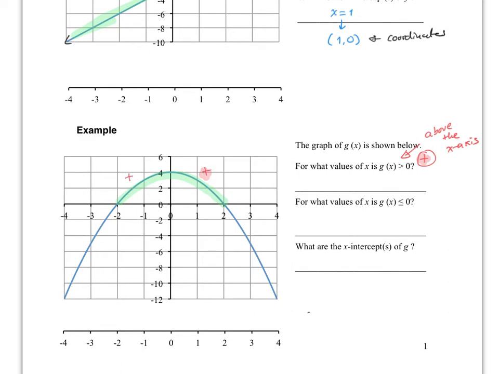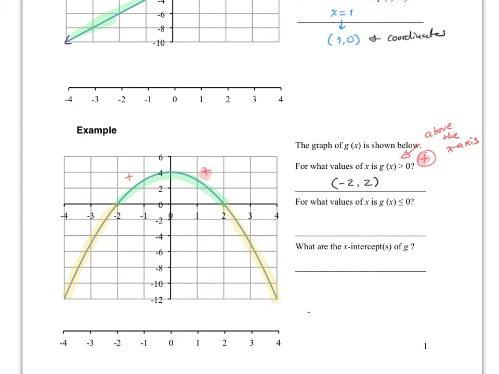Therefore, the answer in interval notation is going to go from -2 to 2, and we use parentheses because remember the -2 and 2 give you 0, and you want it strictly greater than 0. Now the next part is asking where this is negative, including 0, so it's going to be this part and this part.